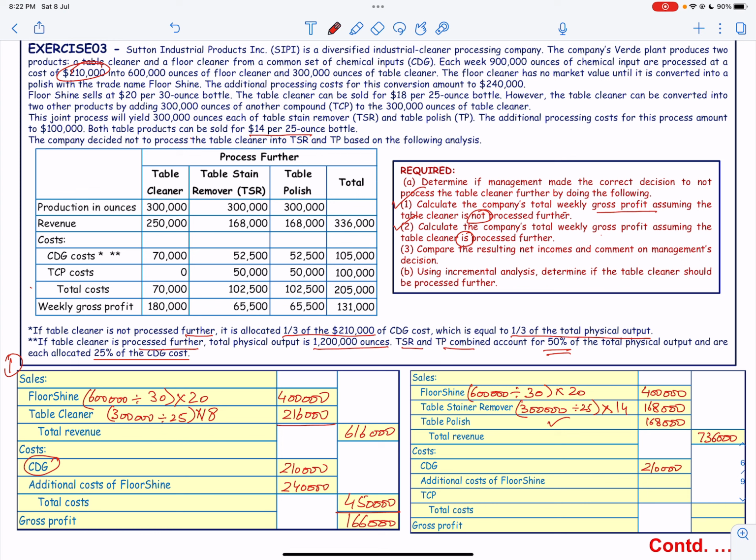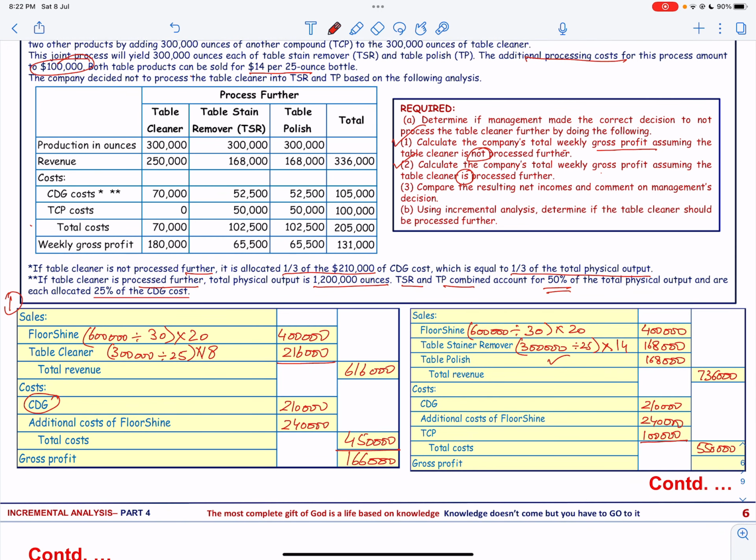Then there is an additional cost of 240,000, and there is an additional processing cost of 100,000 because we are processing further. So the total cost is 550,000, and the gross profit now will be the total revenue minus total cost, that is 186,000.